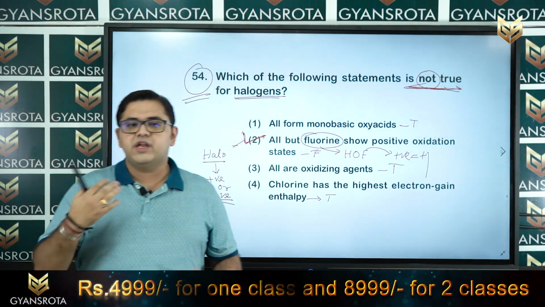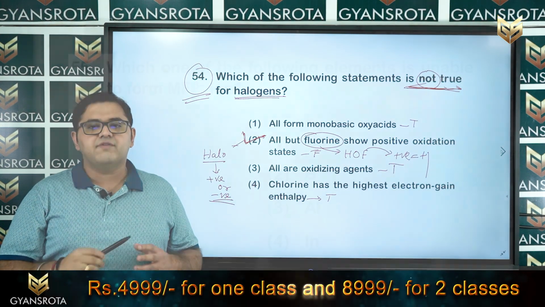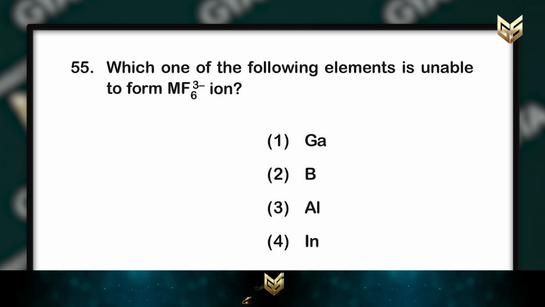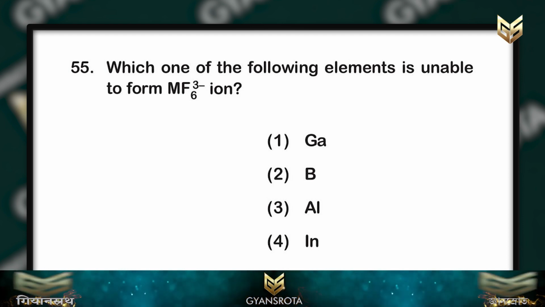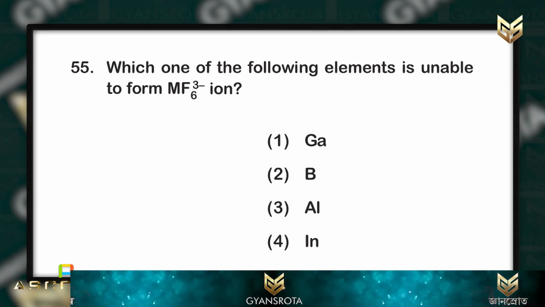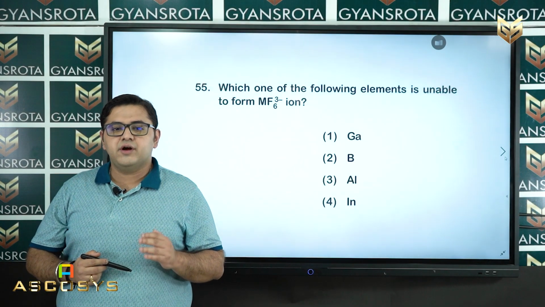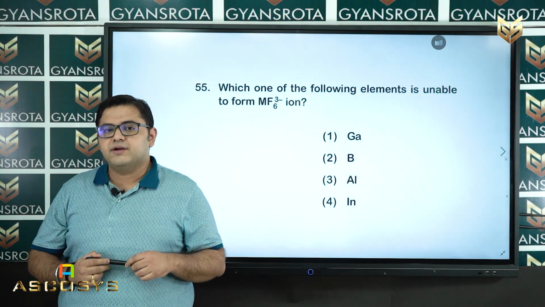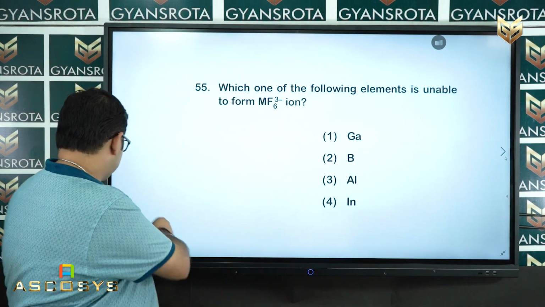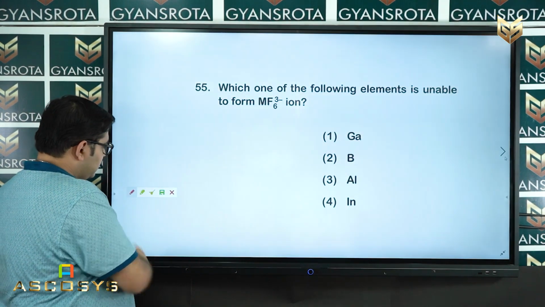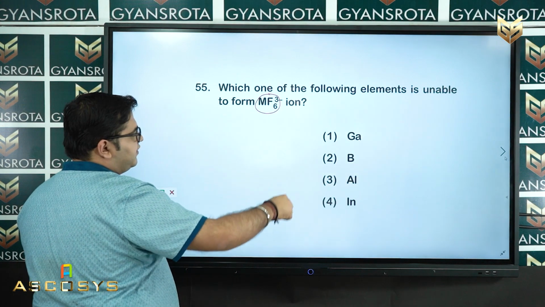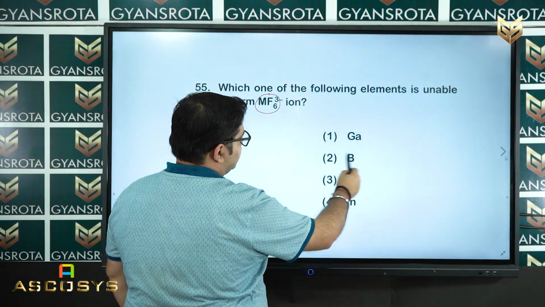Now, we are moving to the next question, that is question number 55. So, question number 55 is on your screen. So, which one of the following element is unable to form MF6 3- ion? So, options are given 1, 2, 3 and 4. So, now we are moving to the solution part. Okay. So, MF6 3-. So, if you see the boron, okay.